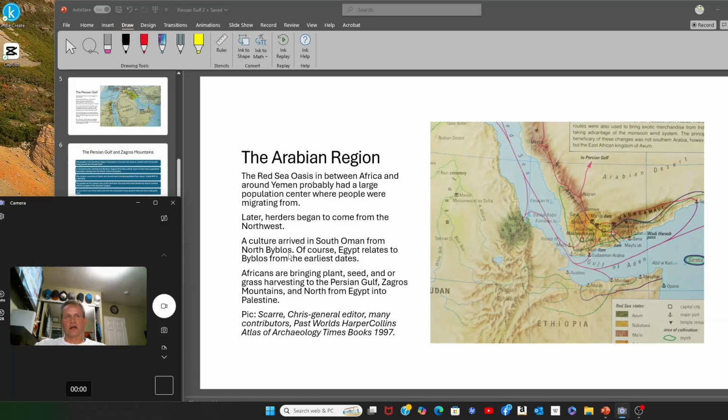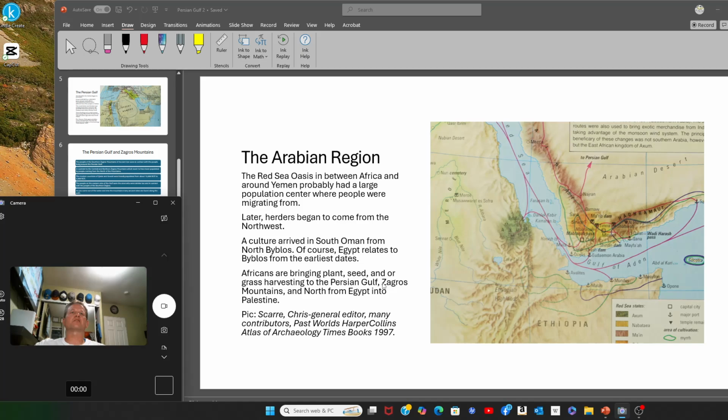It's one of the oldest cities, and Byblos has a close connection with Egypt and the Egyptian kings and pharaohs. So it's saying a culture from Byblos arrives in South Oman.